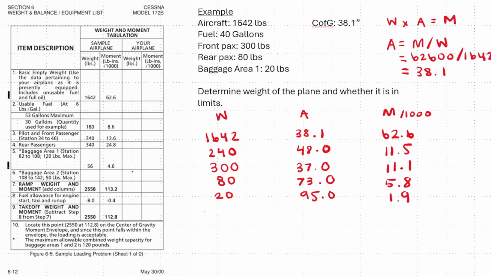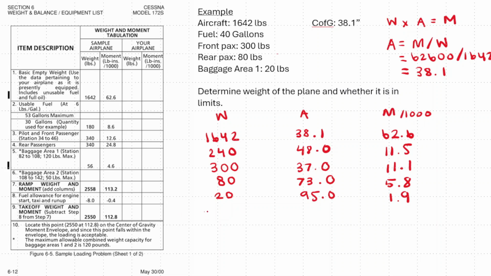Now, what you'll notice here is we've reached the end of these first 6 steps. The 7th step is to find your ramp weight and moment. So when we add this up, this is going to be our ramp weight. After adding up all of the weights and the basic empty weight, this is how much we are going to weigh on the ramp before we've done our startup, taxi, run up, like taxi to the runway, that sort of thing.